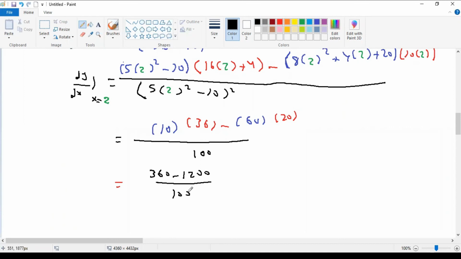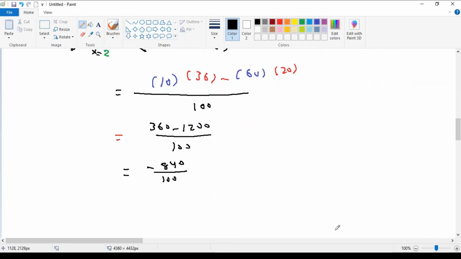Now 360 minus 1,200 equals minus 840, divided by 100, which is equal to minus 8.4. So this is the answer.